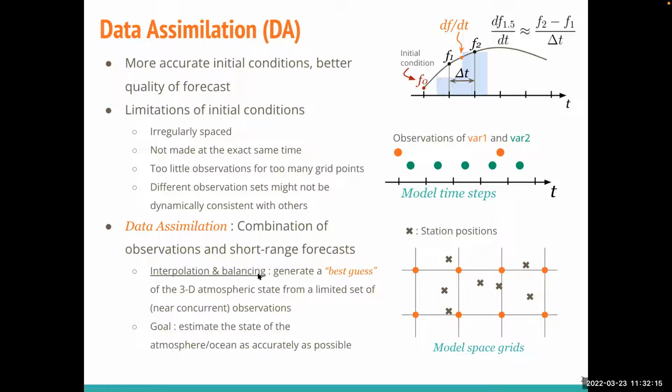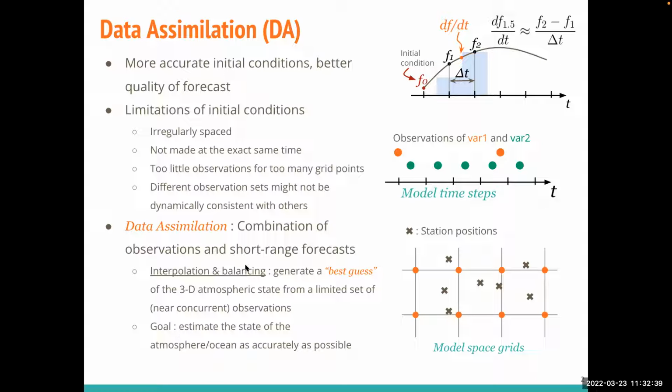And the second thing is the most important. You have to do balancing. So by balancing, we are generating a best guess of the 3D atmospheric state. That's because if you don't have a good guess at the very beginning, then your error will propagate in the model over time. That's not something you want, right?